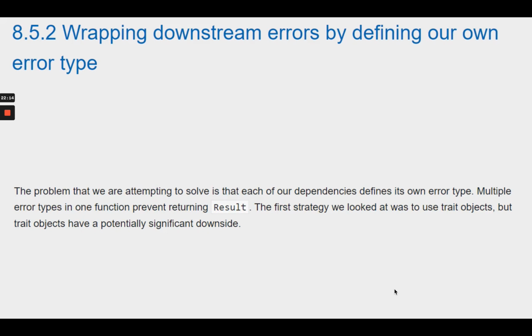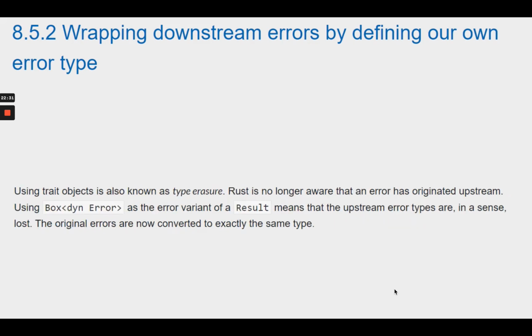Section 8.5.2. Wrapping downstream errors by defining our own error type. The problem we are attempting to solve is that each of our dependencies defines its own error type. Multiple error types in one function prevent returning Result. The first strategy we looked at was to use trait objects, but trait objects have a potentially significant downside.